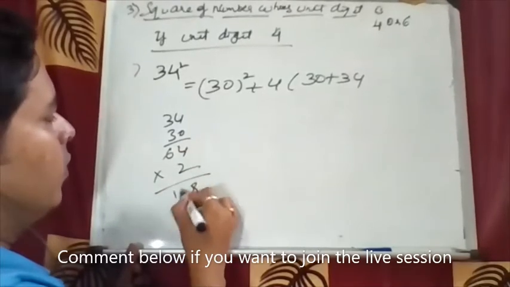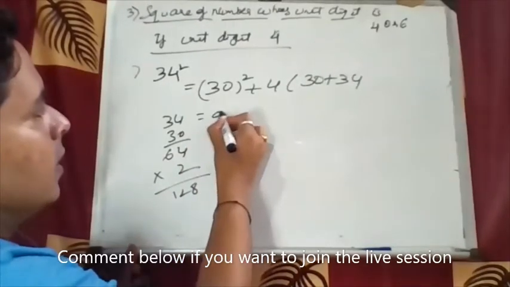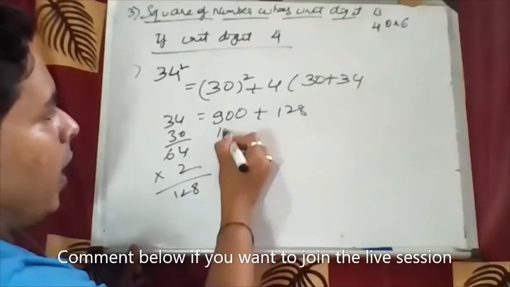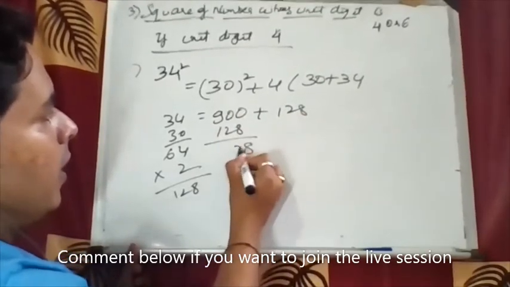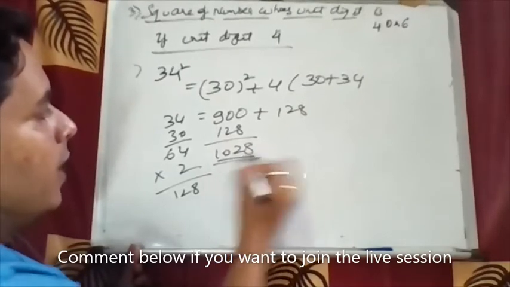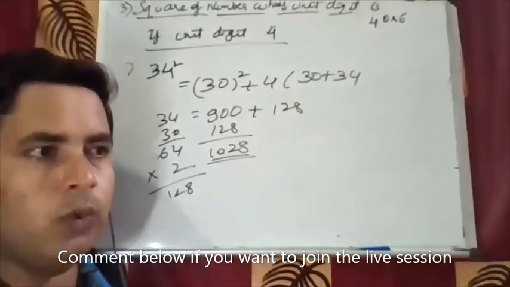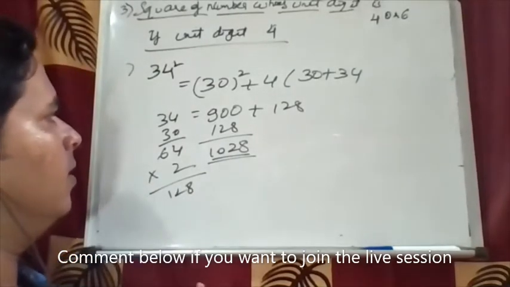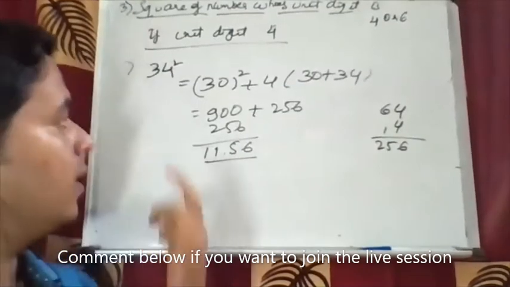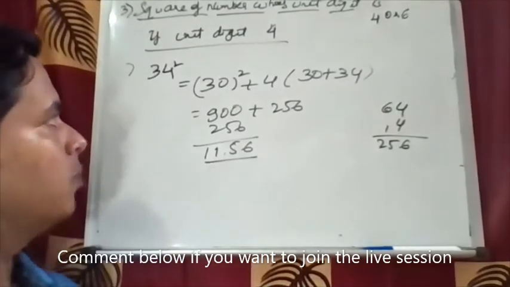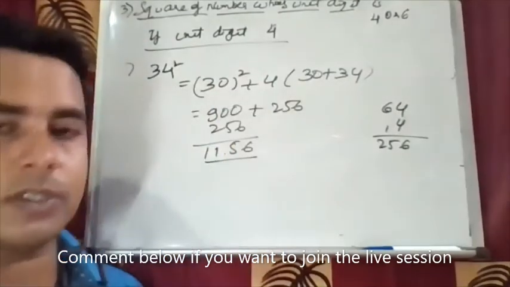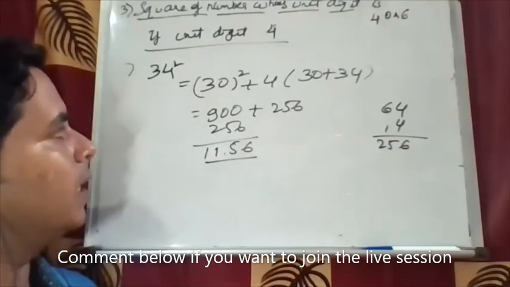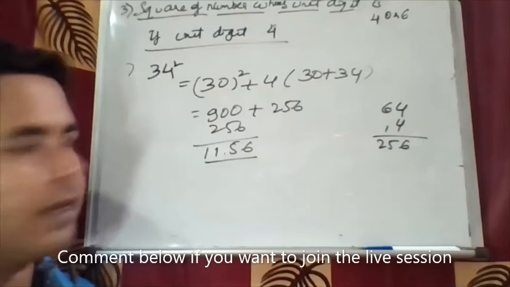Multiply that by 4 and you get 256. So your answer is 900 plus 256, which is 1156. So the base is 30 square, the difference is 4, add 30 and 34 and multiply, and the multiplied answer should be added to 900.